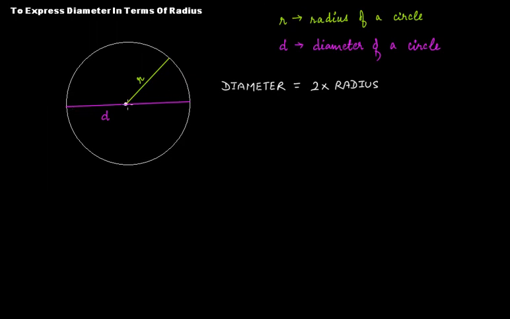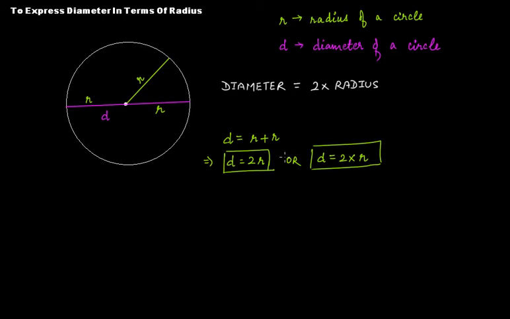If this whole is d, that is the diameter, then d is equal to r plus r, and that is diameter equal to 2r, or d is equal to 2 times r.